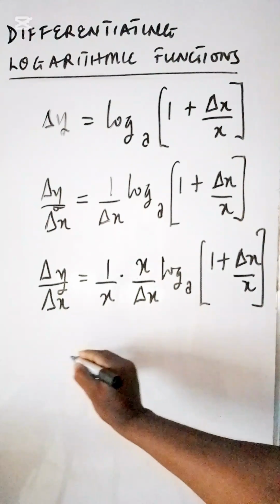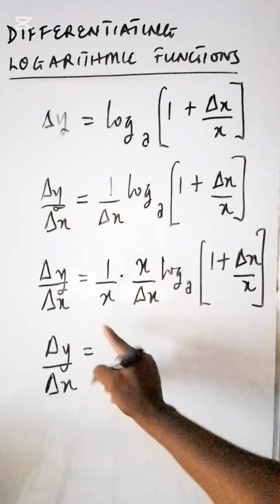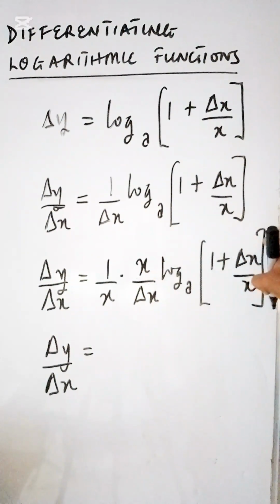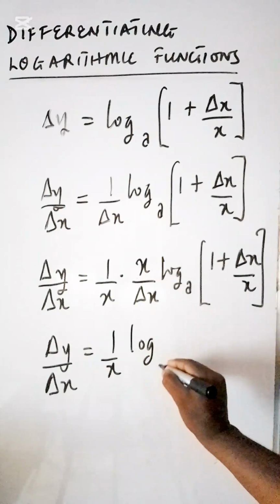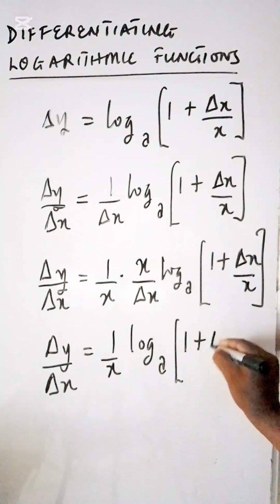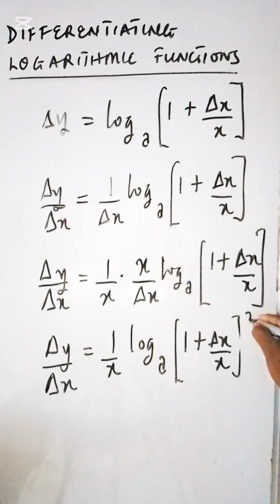Now, I am going to do a further simplification by taking x over change in x through the law of powers in logarithm to become an exponent here, leaving 1 over x. So this becomes 1 over x times log to base a of 1 plus change in x all over x, all raised to the power x over change in x.